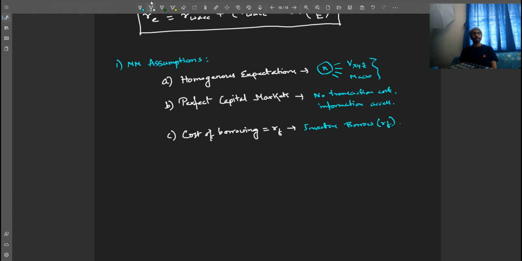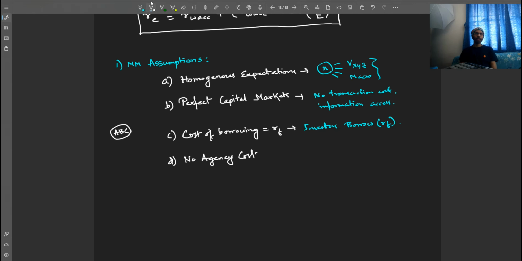Fourth point, no agency costs. Now friends, in investments, generally there lies something called agency risks. What is agency risk? For example, you are looking to buy a stock, let's say a certain stock named ABC.